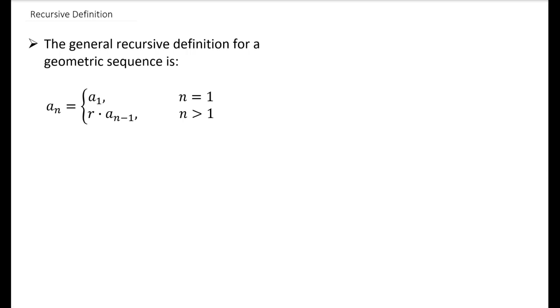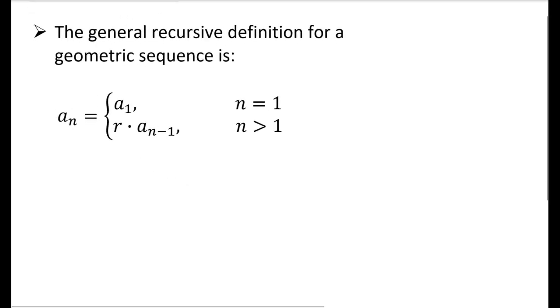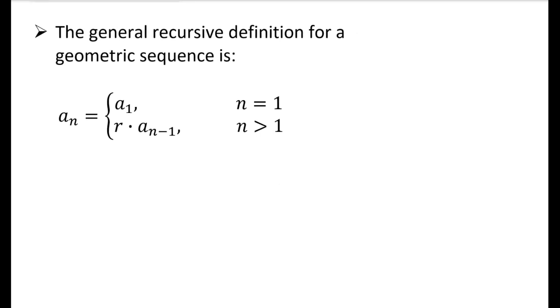So what is the general form for the recursive definition? The recursive definition can be expressed as a piecewise function, and it looks like this. This is your first term in the sequence. In our example earlier, it was 4. And then for the second entry, you take the common ratio and multiply by an minus 1.